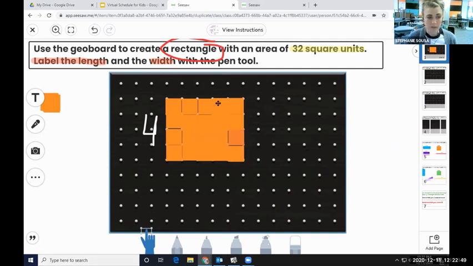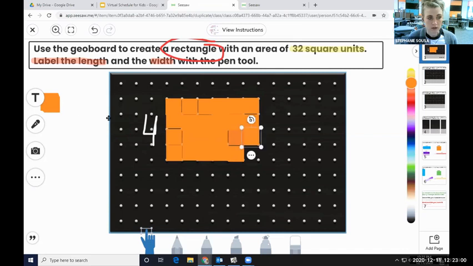Okay, so I'm at 4, 8, 12, 16, 20. I'm going to keep going. 21, 22, 23, 24. I'm not at 32, so I'm going to keep going. Make sure your square units are touching and are creating the shape of a rectangle. 25, 26, 27, 28.